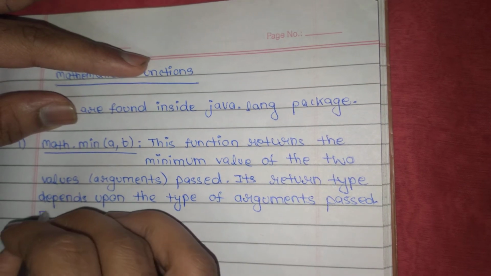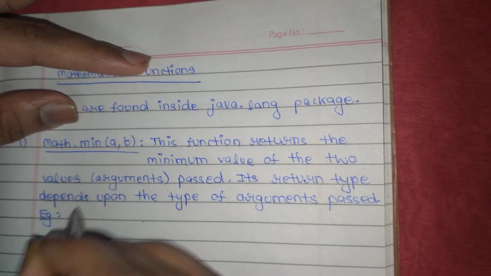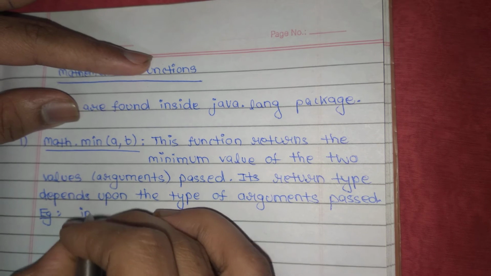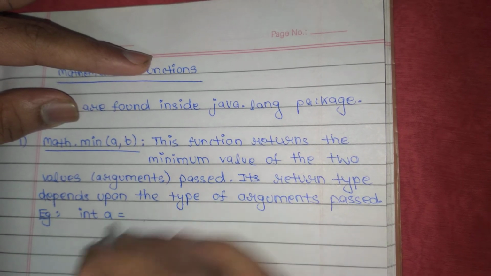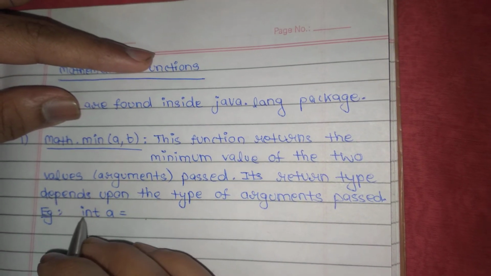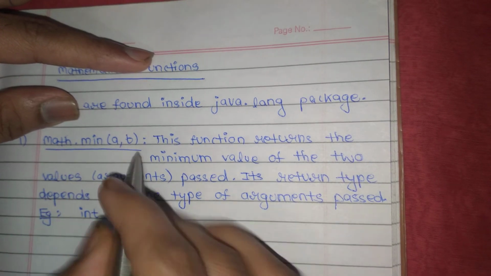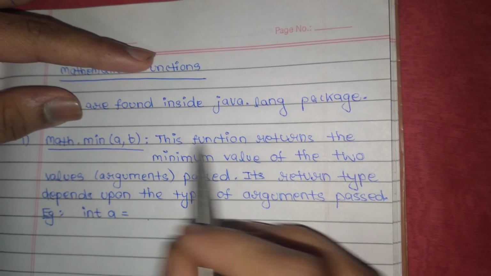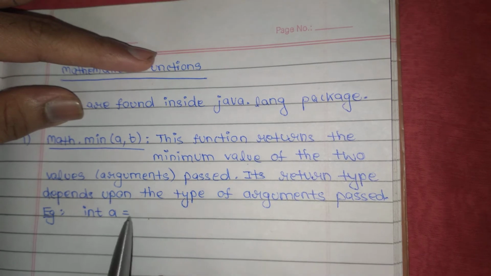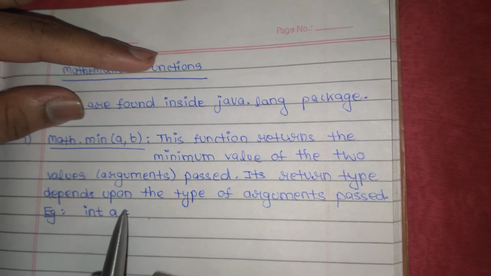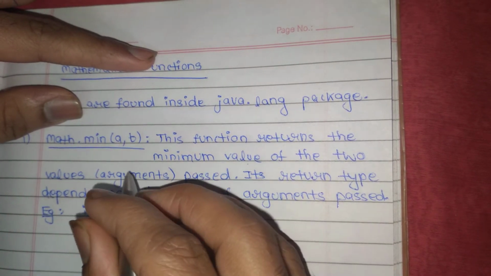And then one example, int a. Here I have taken a variable because it will return a value. As it is written, this function returns a minimum value, so to store the value I have taken a variable a.